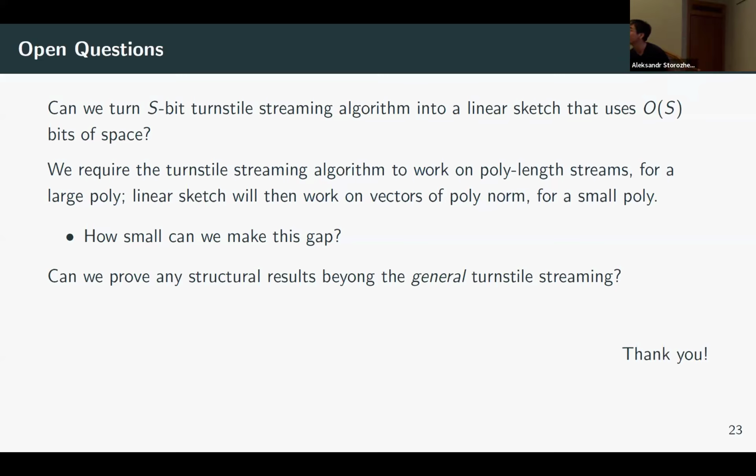Yes. I think the results would be much easier if adding and removing an element does nothing, and if you have no time component, or is that how you get the 2 to the S result? If you assume that it's not just the same, it's literally the same state. Oh, yeah.